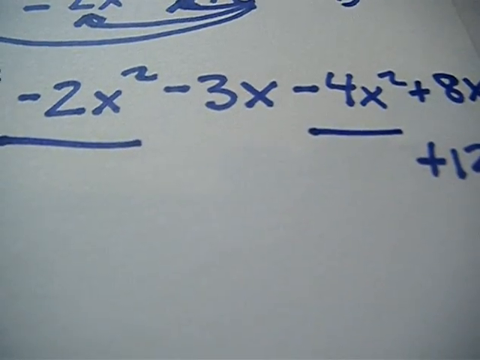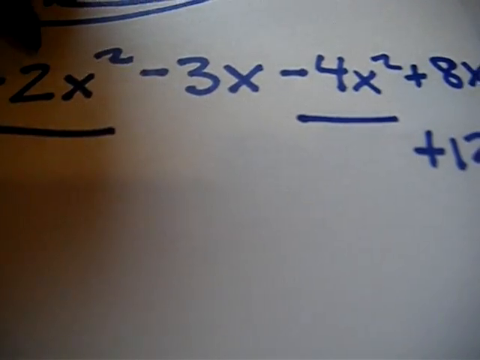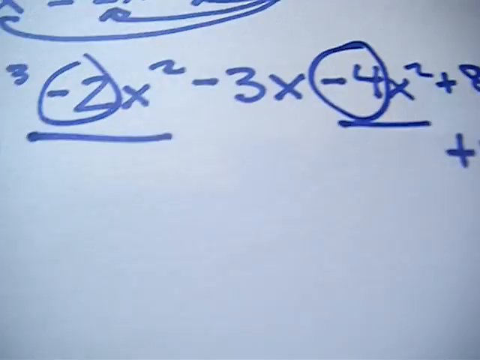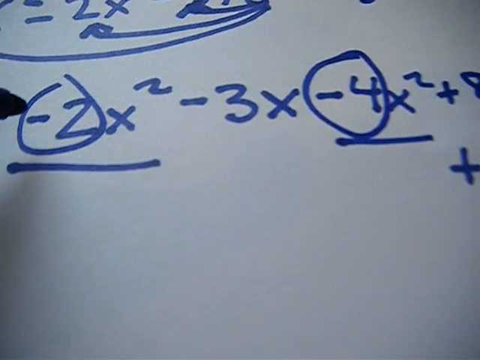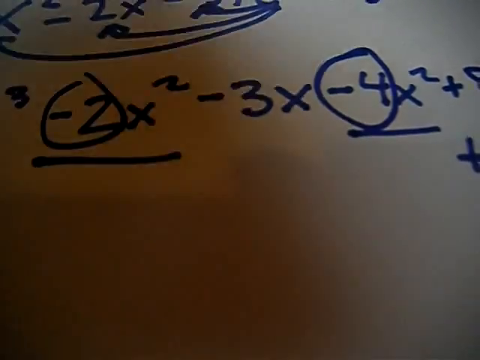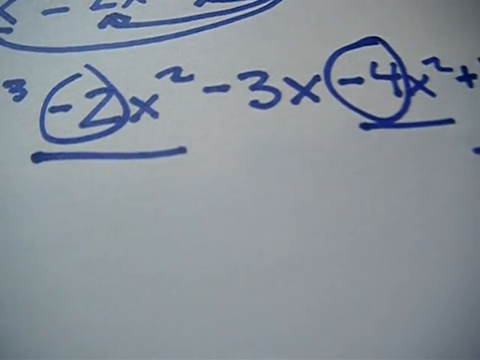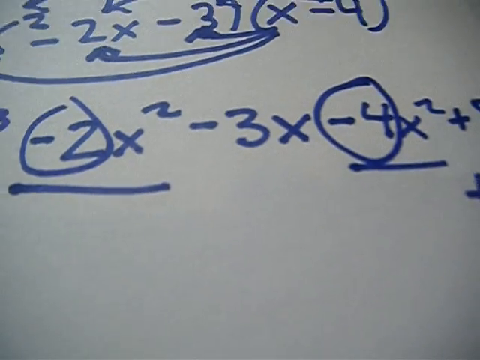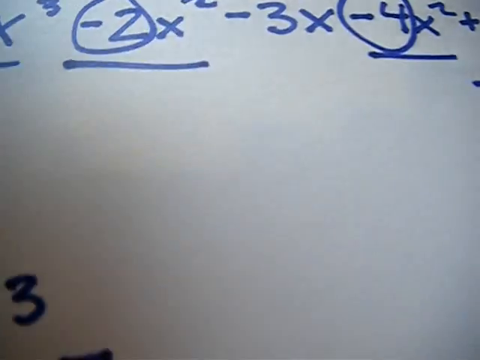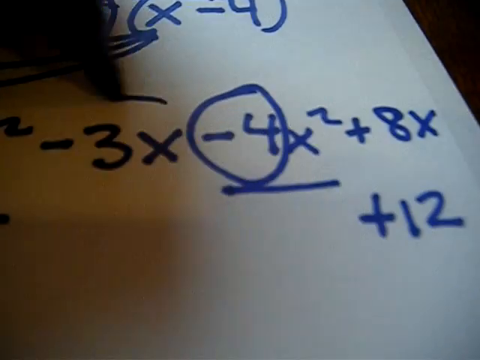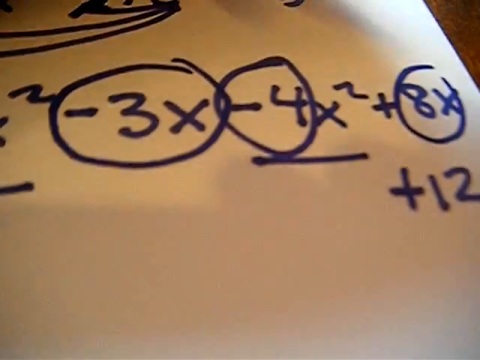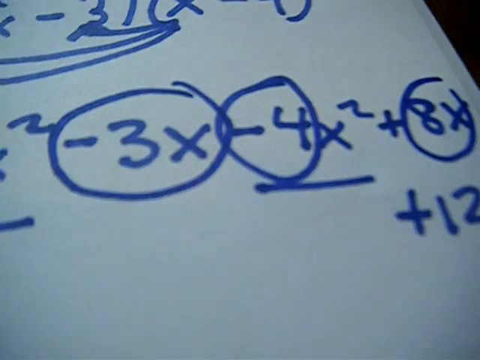So what you need to do is subtract 4 from -2, because this is a negative sign. So -2 minus 4 equals negative 6x squared. And then you also have to combine these two like terms, negative 3x and 8x.